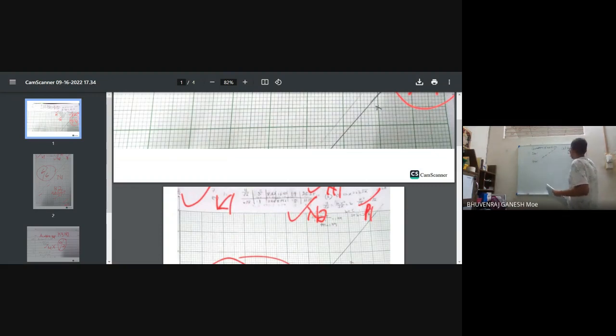This is where your graph has values like this. You can't join all the points; you see up, down. So they can ask, what will be the correct value if this point is plotted like this? This is the actual one that you get. So not all the points are plotted on the straight line.